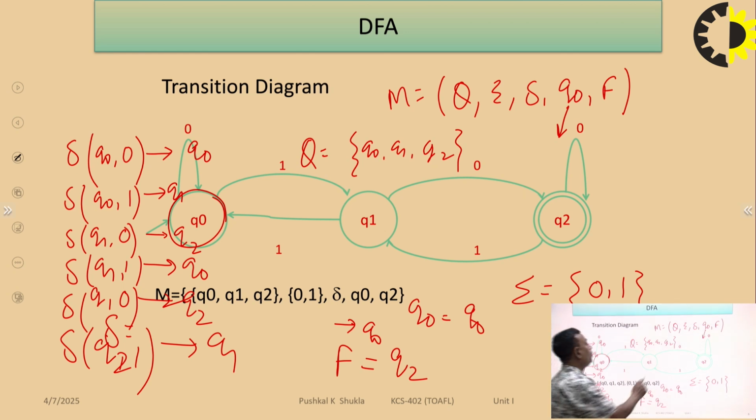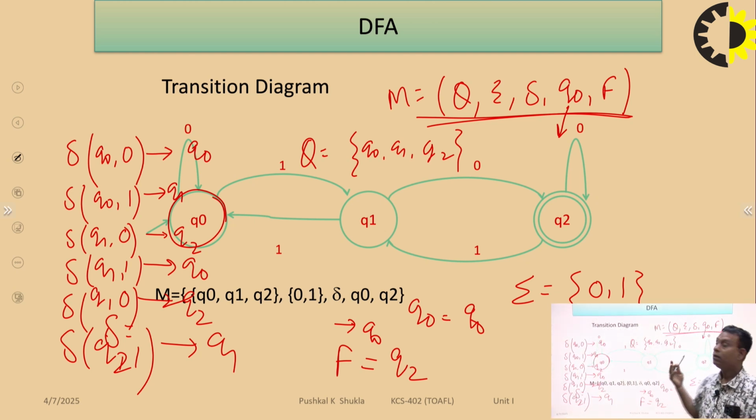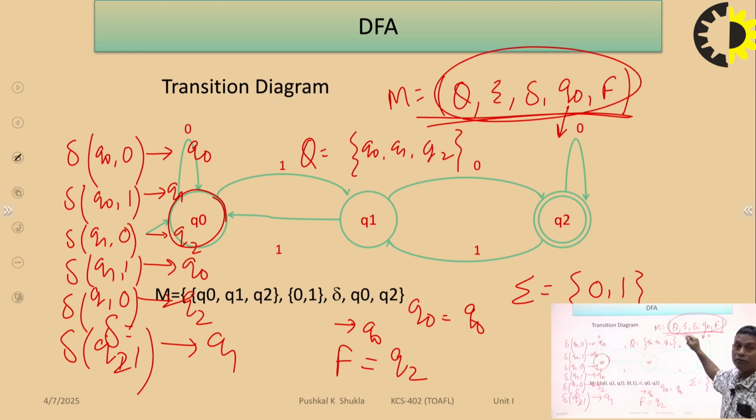So in this way we can represent a deterministic finite automaton. By this example we see the significance of each variable, and we write each variable like this.